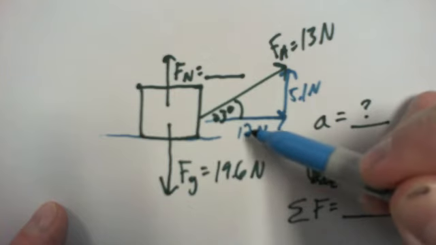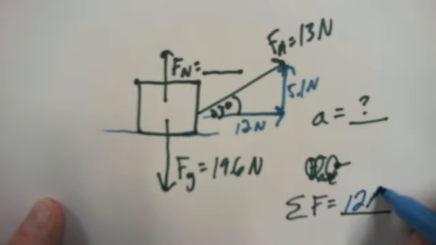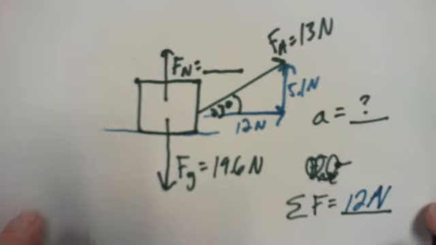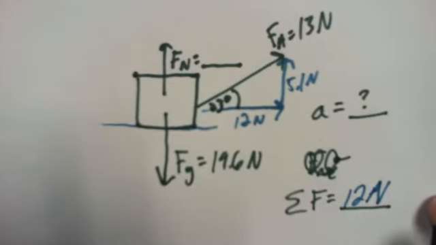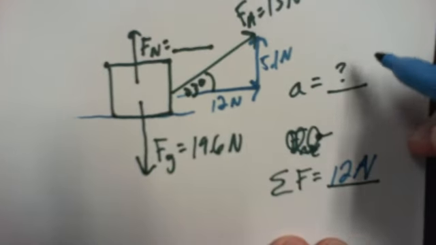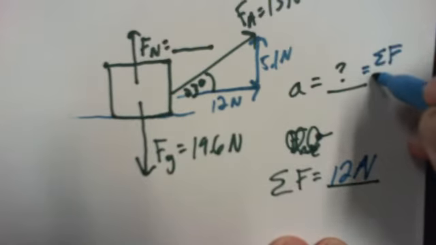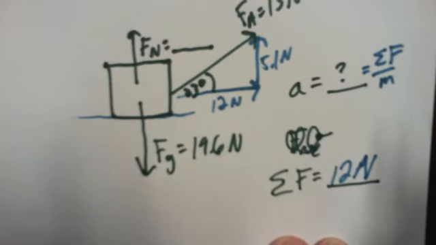This is the force that doesn't cancel out. So, quite simply, that force is 12 newtons, and the equation is that it is equal to mass times acceleration.